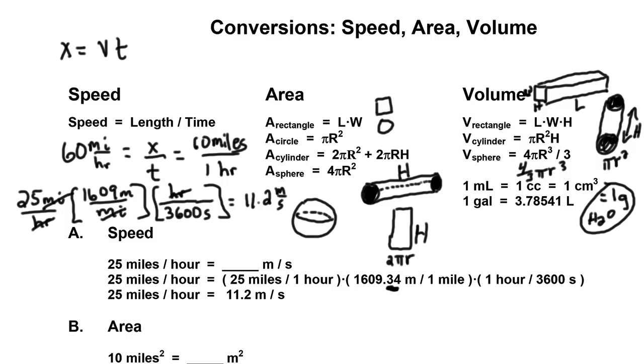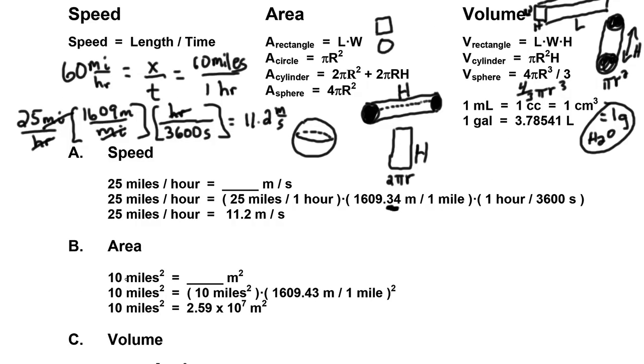So now let's look at area. Let's say we want to go from 10 miles square, or 10 square miles, to meters square. We know that there are 1609 meters in 1 mile.